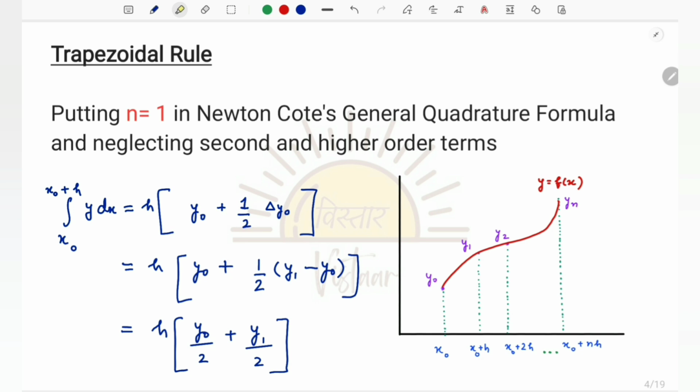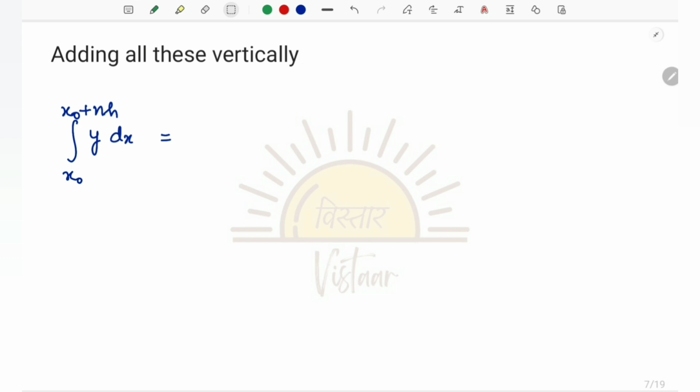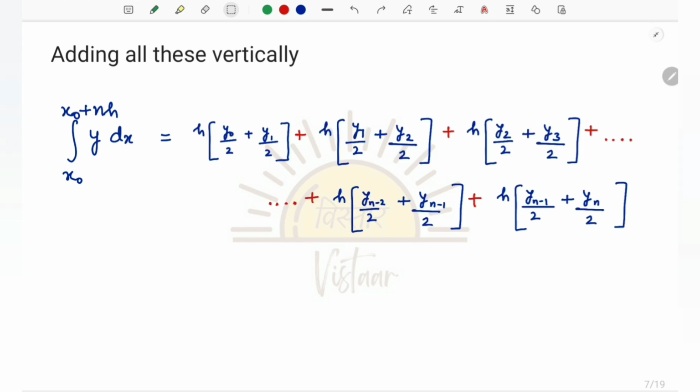Next, what we have to do is that we have to sum up all these smaller integrals to find the integral from x0 to x0 plus nh. So basically we have to sum up all these integrals starting from the first interval and moving to the last one. We will add all the integrals vertically and we will get the sum of all the smaller integrals which we have just calculated.